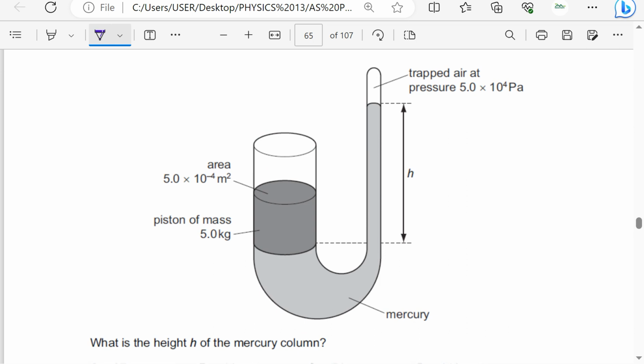Okay, so the liquid on this side has pushed the liquid on the other side. That means the pressure on the left-hand side is greater than the pressure on the other side.